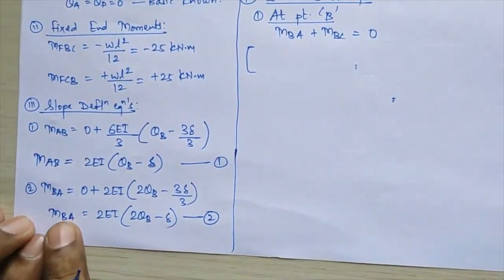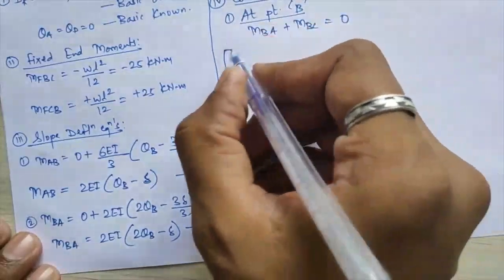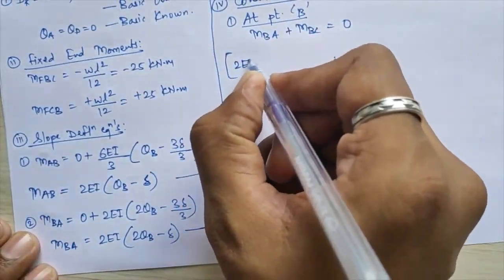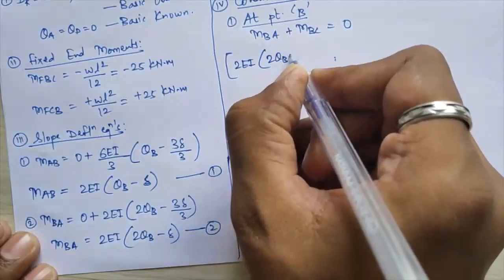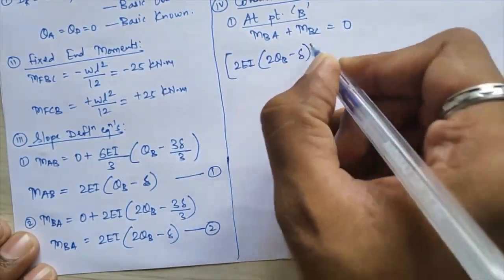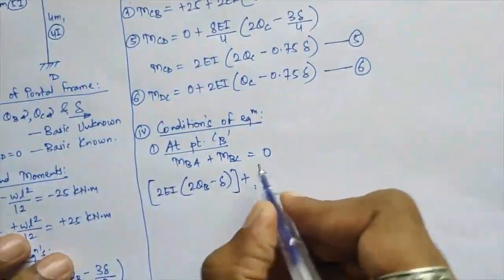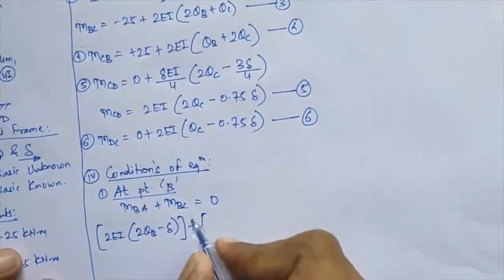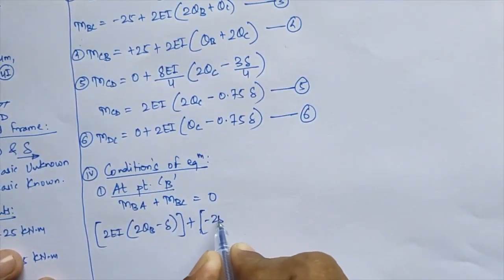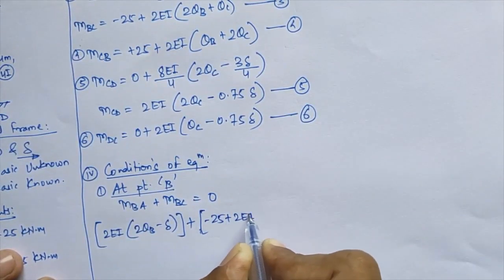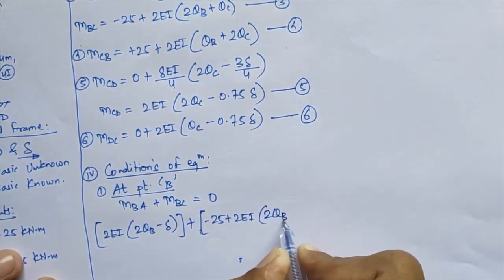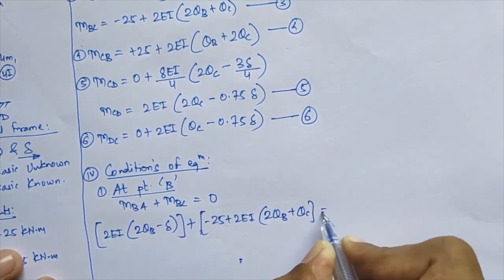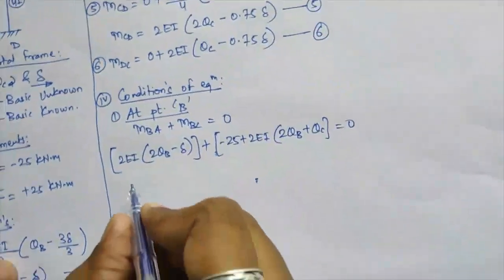MBA, that is my equation number 2, I have got 2 times EI into bracket 2 theta B minus delta, plus next is the BC equation. BC equation is equation number 3, so I am writing here minus 25 plus 2 times EI 2 theta B plus theta C is equal to 0.